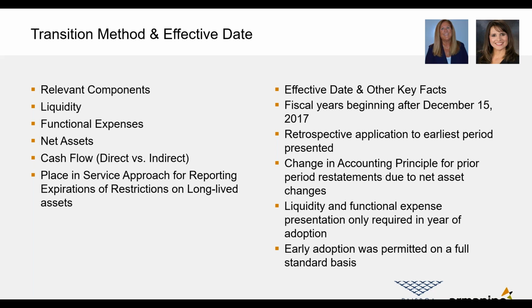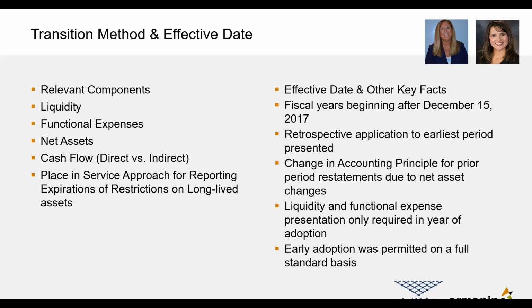One of the things that I will say is, in the year of adoption, your liquidity disclosure and your functional expense disclosure is only required to be a 1-year disclosure. It doesn't have to be a retrospective application if you're presenting both years, if you're doing comparative financial statements. However, everything else has to be comparative.